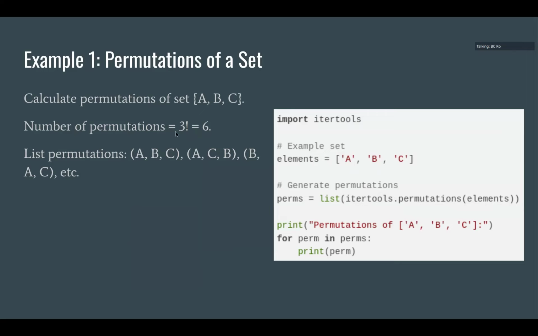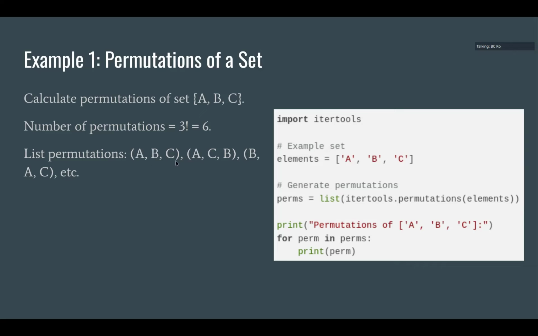And the permutations of the set ABC are ABC, ACB, BAC, BCA, CAB, CBA. So there are 6 different ways to arrange these 3 elements.